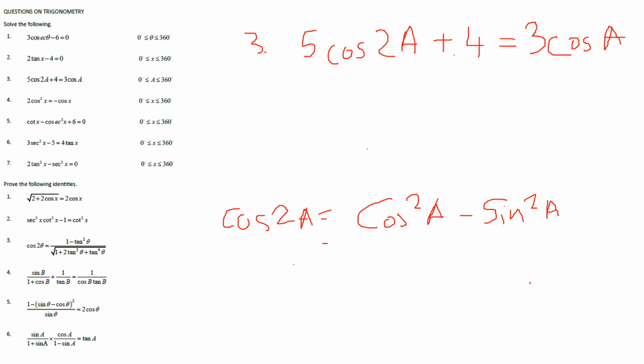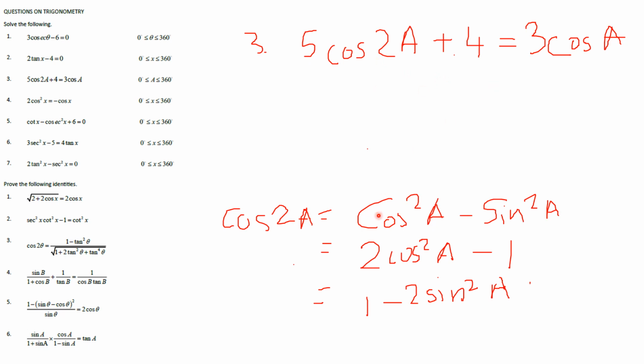Then it also has an identity 2 cos squared a minus 1. And then it also has an identity of 1 minus 2 sine squared A. Okay, so basically from all these identities of cos, you just have to pick a suitable one that will actually make your equation solvable.